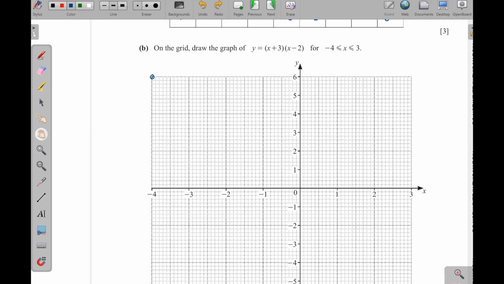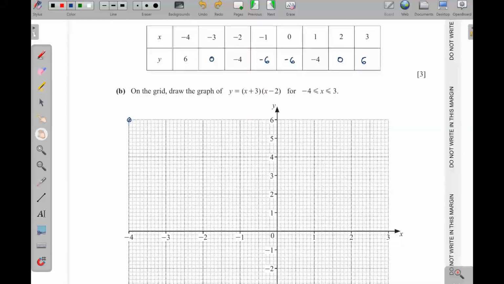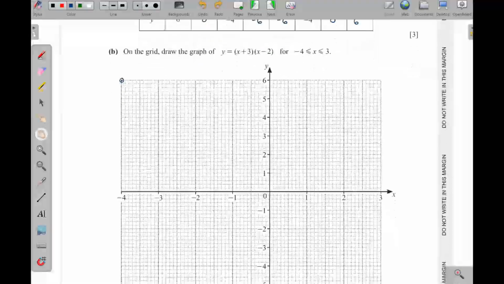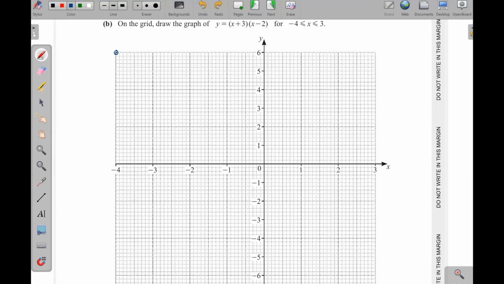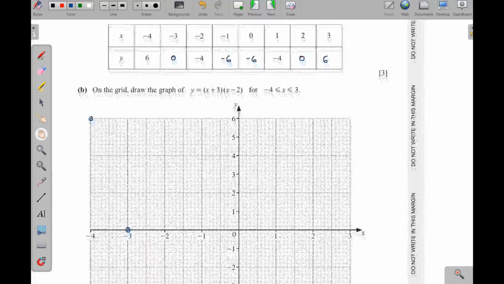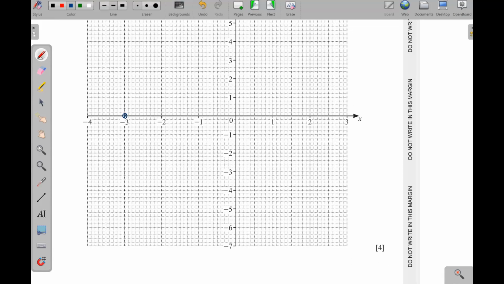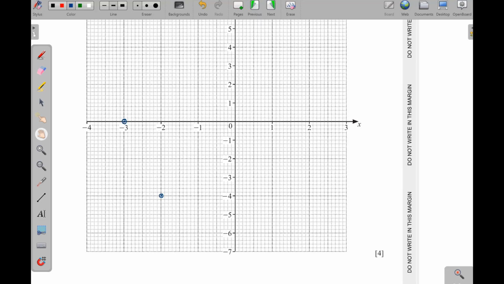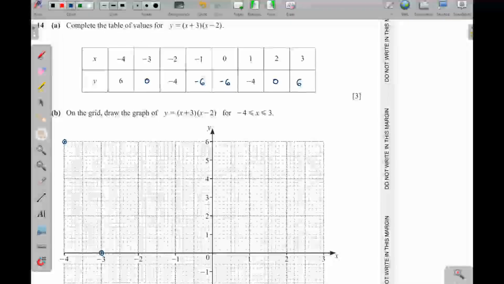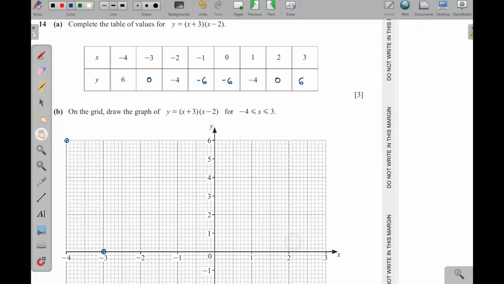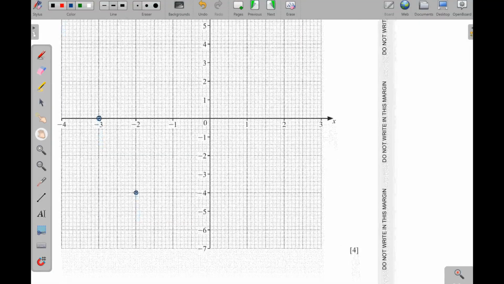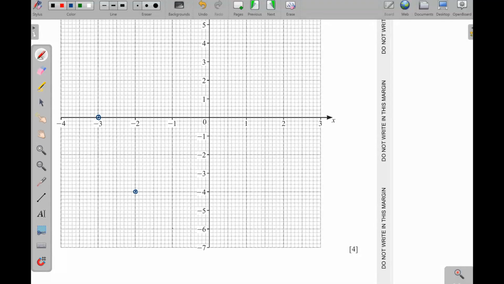Okay, all right, next we have negative 3 and 0. So negative 3, 0, it has to be on this x-axis. Next we have negative 2, negative 4, which is here. Then the next one has to be negative 1, negative 6. So negative 1, negative 6, which is just down here.